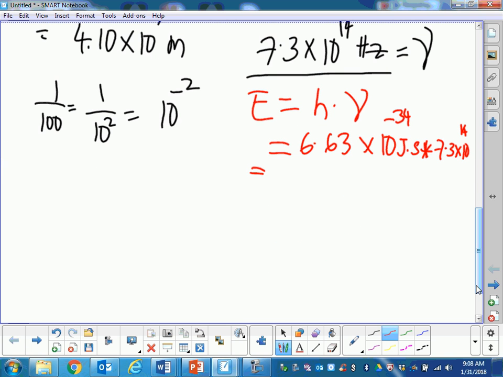What do you get? 4.8 times 10 to the -19 joules. Because frequency is nothing but 1 by second. Numerator and denominator will cancel. Seconds in the numerator on both sides will cancel, but on the same side it has to be numerator and denominator. Correct? Basic math again.